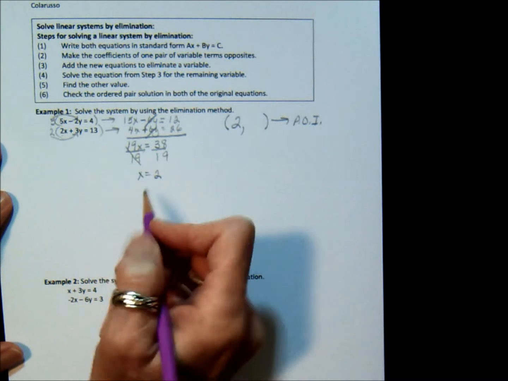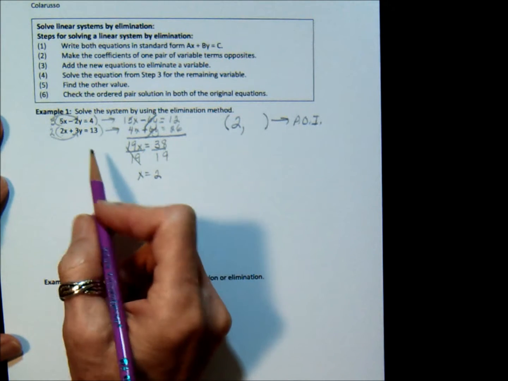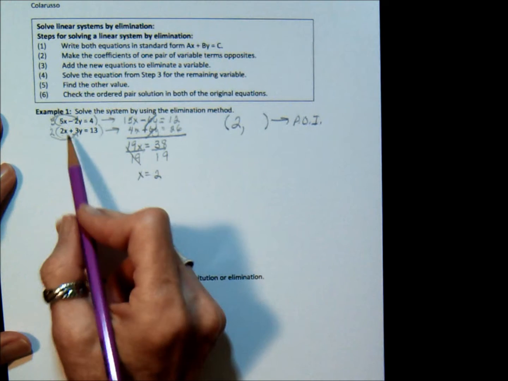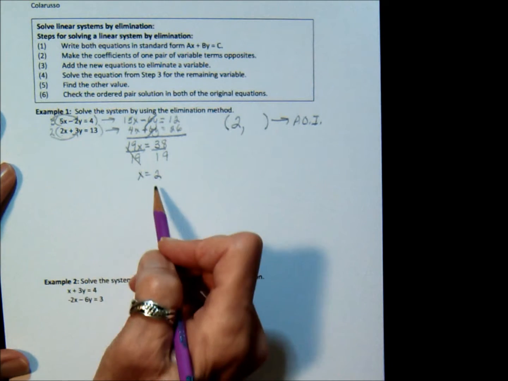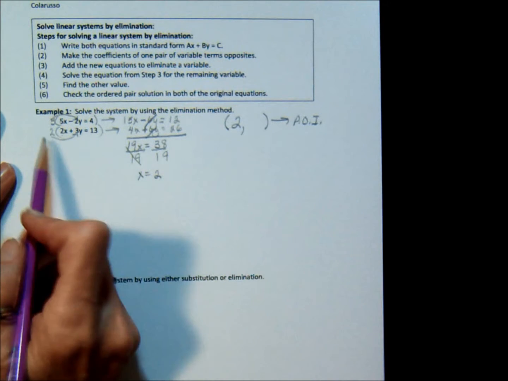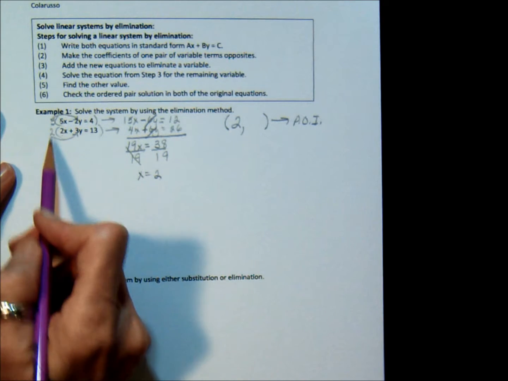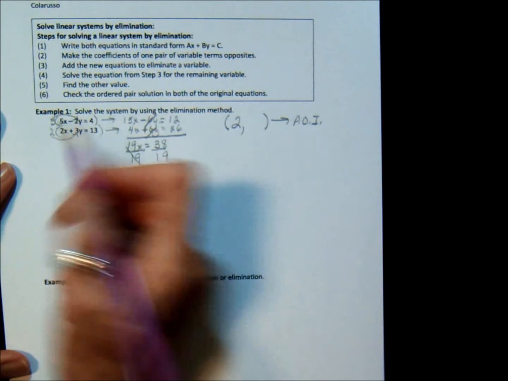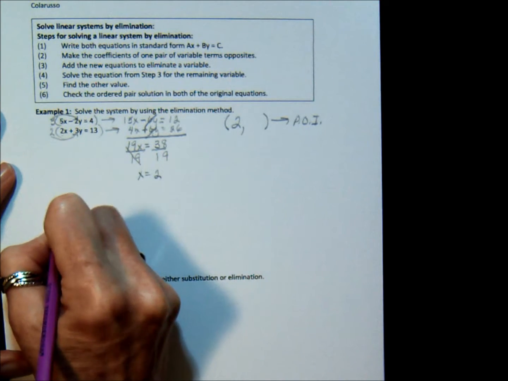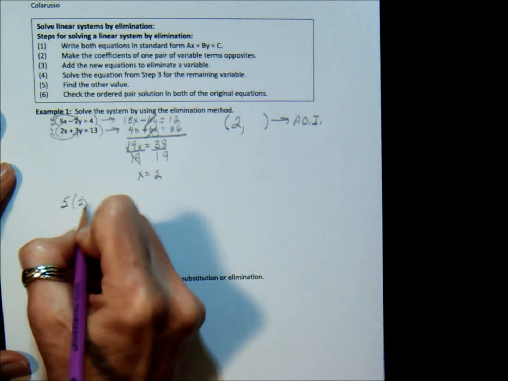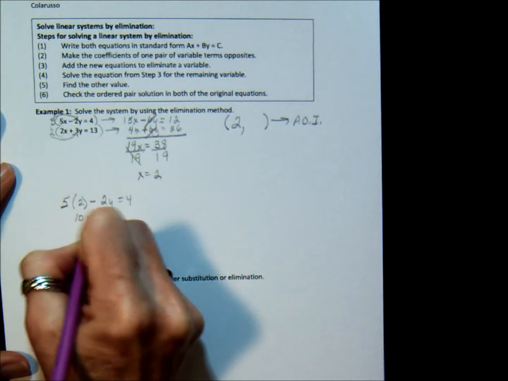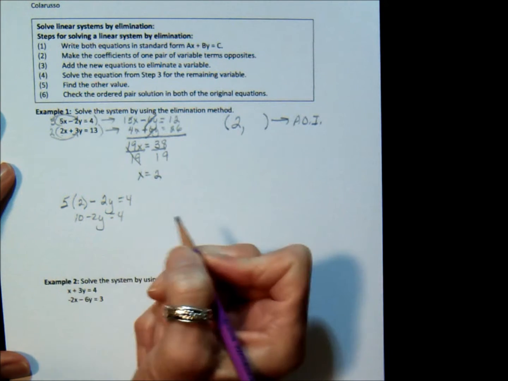Now, unlike the substitution method, I don't have a handy way to plug this back in and find y. I do have a way, but it's not quite as handy as it was with substitution. So I can choose either one of the equations, plug the x in, and solve for y. I'm going to choose the top one before I multiplied by 3. So it would be 5, take out the x, put in a 2, minus 2y equals 4, or 10 minus 2y equals 4.